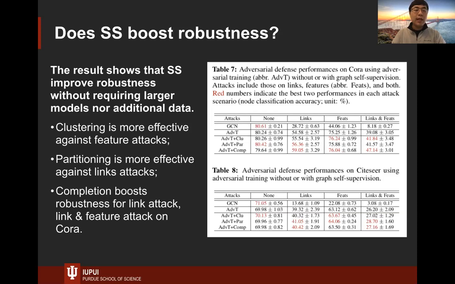The result shows that self-supervision improves robustness without requiring larger models or additional data. Clustering is more effective against feature attacks. Partitioning is more effective against link attacks. Completion boosts robustness for link attacks and both on the Cora dataset.